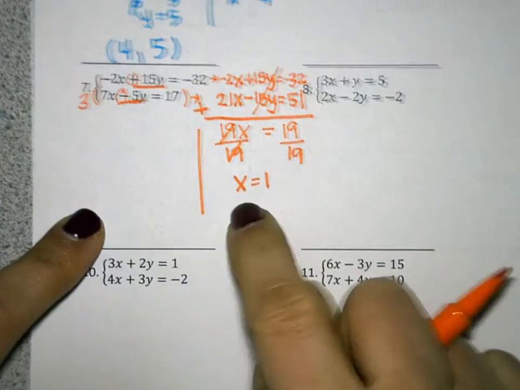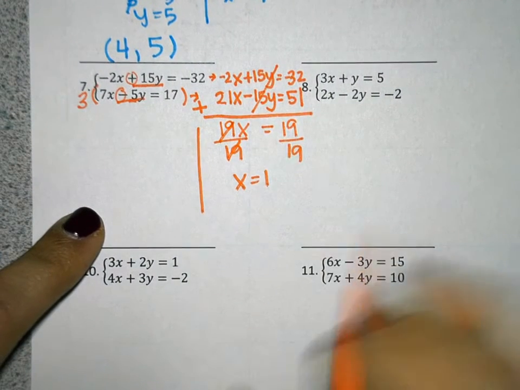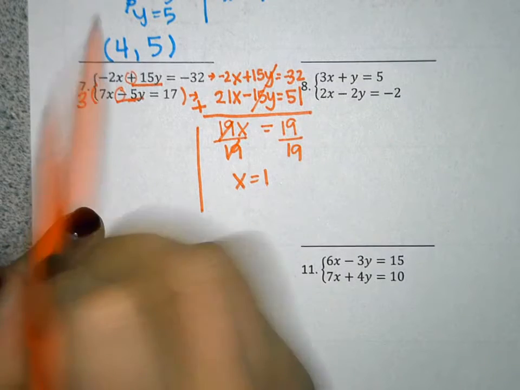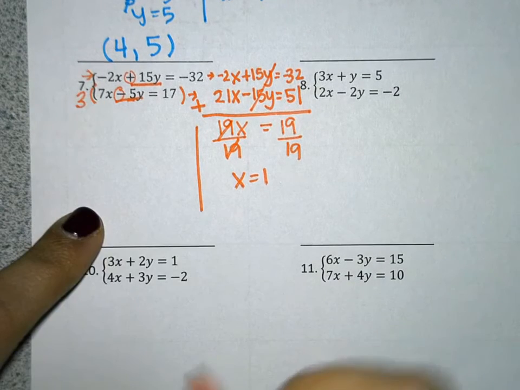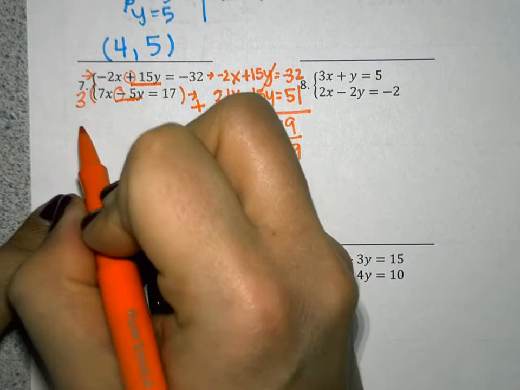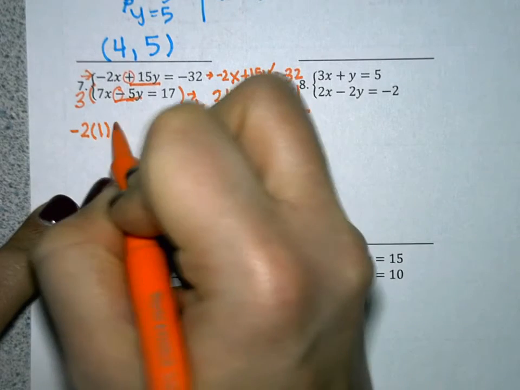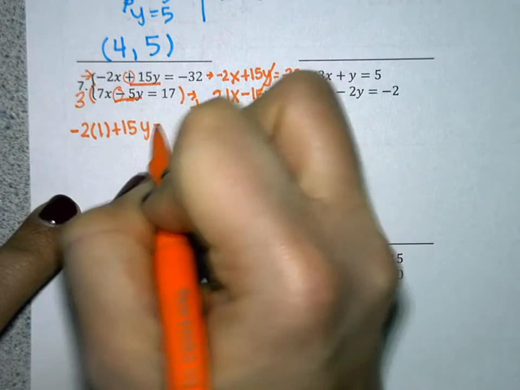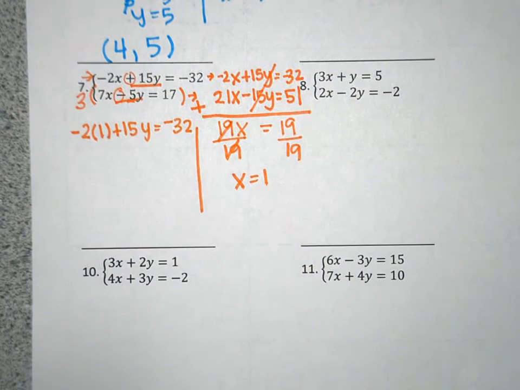So then I'm going to take that and plug it back in to one of the original equations. I think I'm going to plug it into the top one. So I'm going to get -2 times 1 plus 15y equals -32. And again, you can choose any equation.